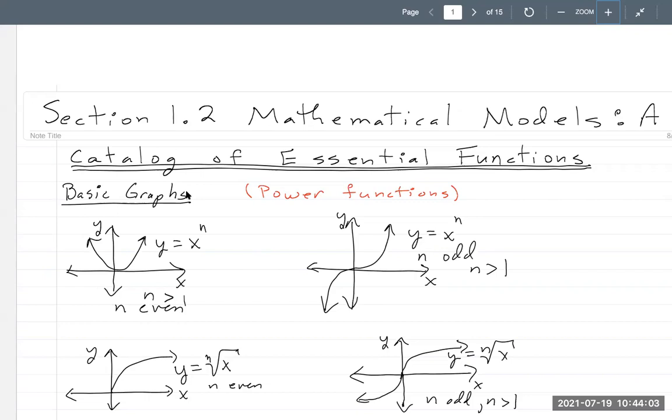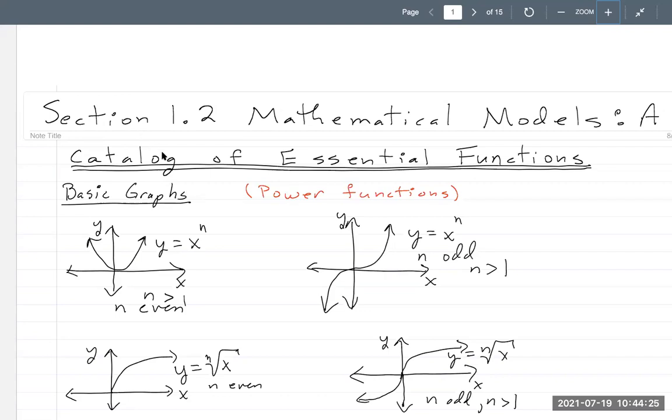In later chapters, chapter 3, we will be using techniques of calculus to help us graph functions.